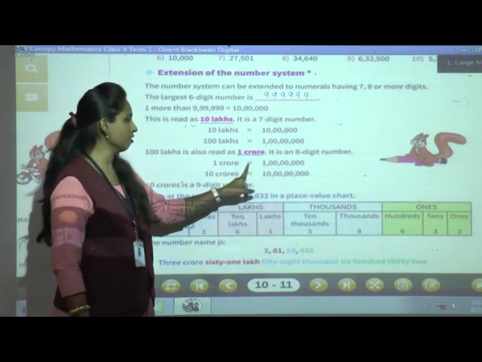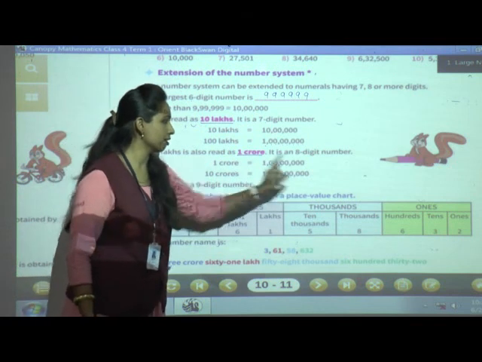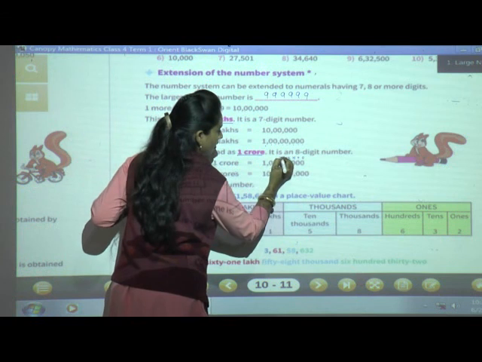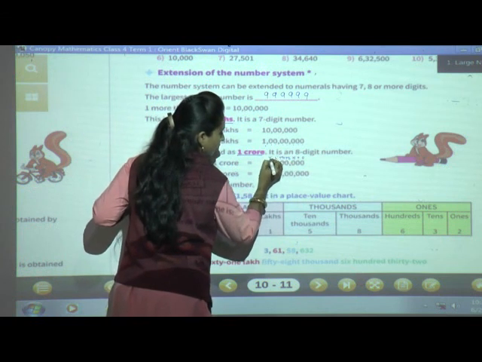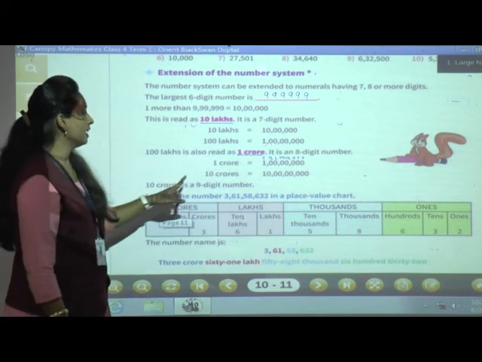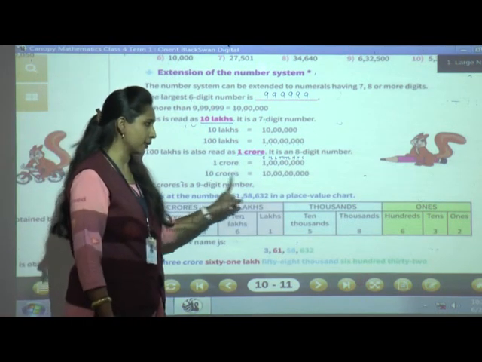Okay. Can you see here? 1 crore. See here: ones, tens, 100, 1000, 10,000, lakh, 10 lakh and crore. Now 10 crore.